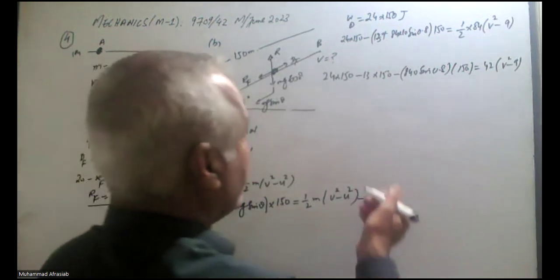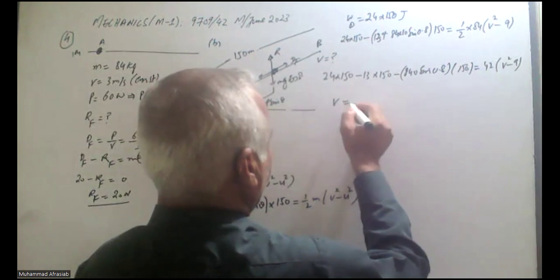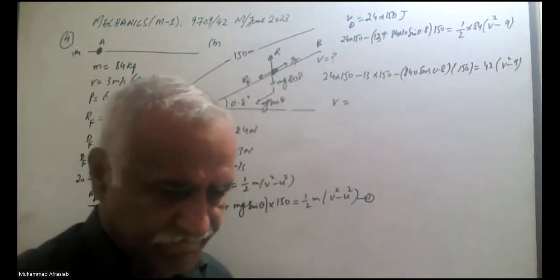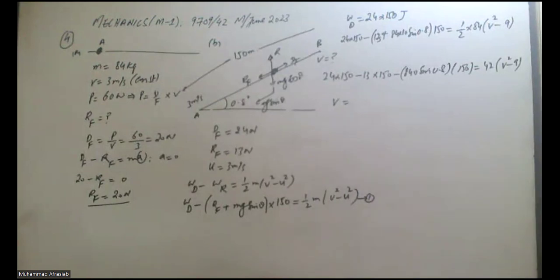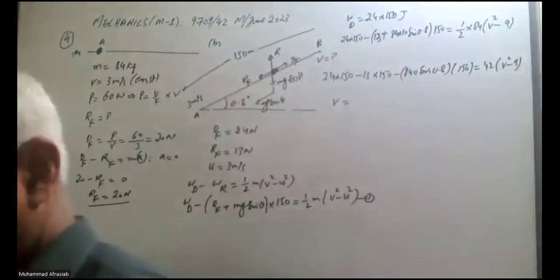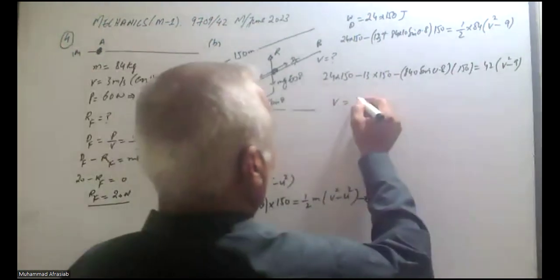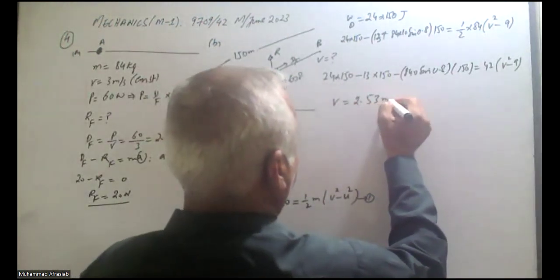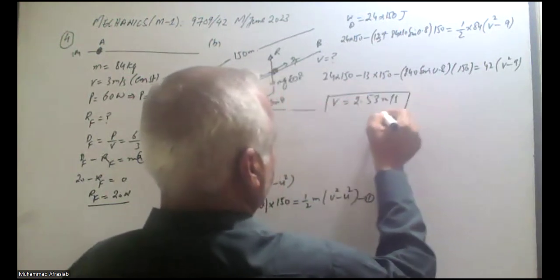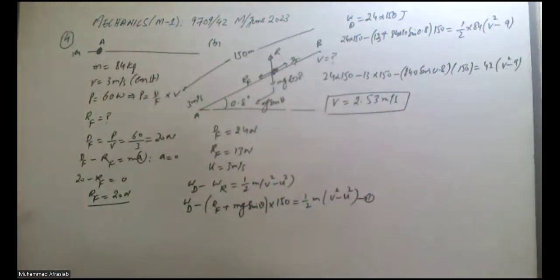And after doing this calculation, we have calculated that v is equal to 2.53 meters per second. So this is the final speed of that athlete of mass 84 kg, who is running upward, making an angle of 0.8 degrees with the horizontal.